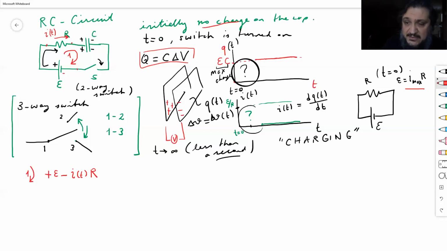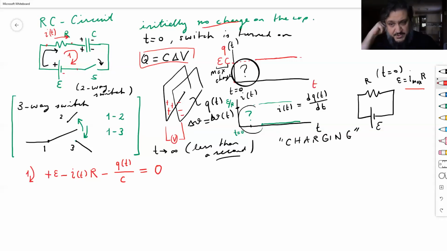It's the little q right now, but C is just a constant, so minus Q, again a function of time, divided by the capacitance, and I'm back at the switch. The switch is closed, remember? So I'm back at the same point. The loop is finished. So I equate this to 0. This is just using Kirchhoff's rule.